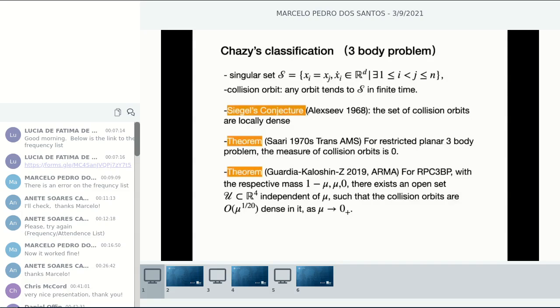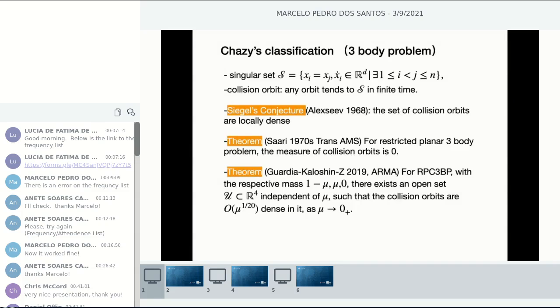In two papers published in Transactions of the AMS, he got the following conclusion. For the restricted planar three-body problem, the measure of collision orbits is 0.